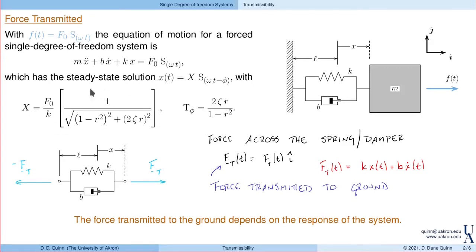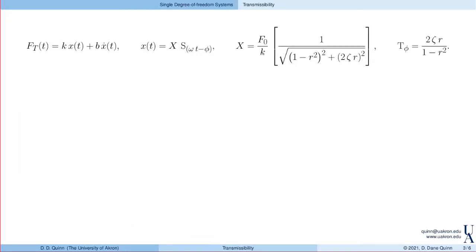I can use this amplitude and phase, and in particular this solution, to determine what's the force transmitted to the ground. So here it is again, right? This is the force transmitted to the ground, this is the response, and the amplitude and phase. So really what I want to do is just take this expression, with this amplitude and phase, and plug it in to determine the force transmitted to the ground.